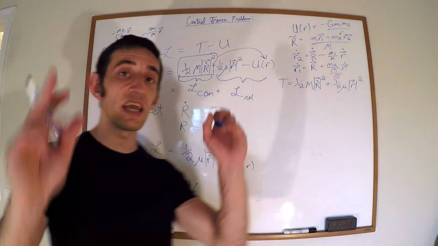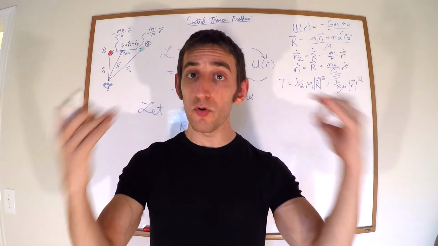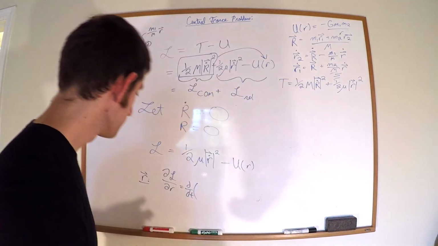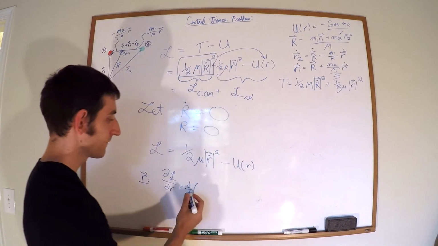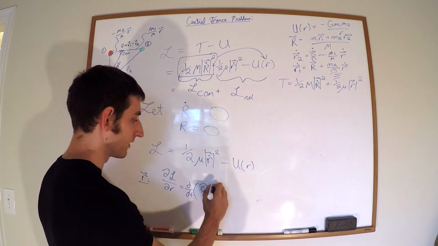In essence, we ignore the big R. That's why it's an ignorable coordinate. So this is just what we found previously.